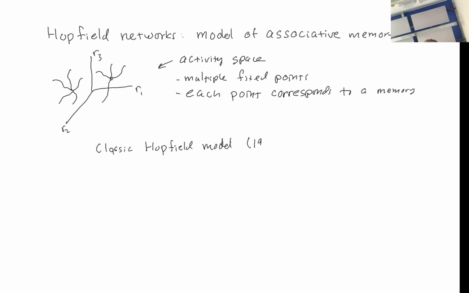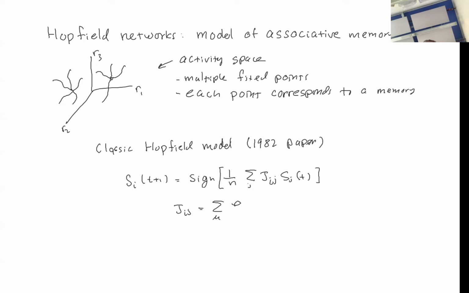I believe this was a 1982 paper. The update rule was S_i(t+1) equals sign of 1 over N, the sum over j of J_ij S_j(t), and J_ij was the sum over mu of xi_i^mu xi_j^mu, and these are random variables.